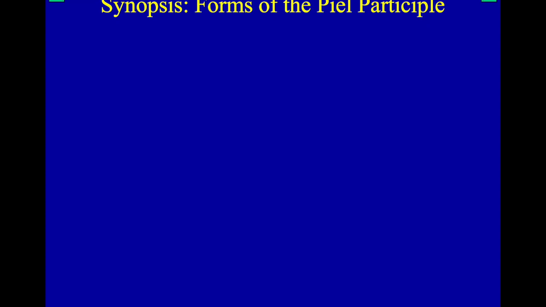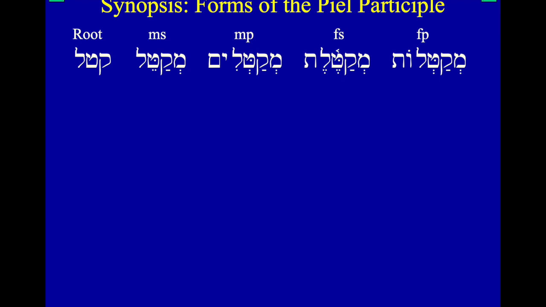Okay, so I'll just show you, the Piel participle can show up in strong forms, which we just looked at right there. It can also show up in some weak forms. So here's our little paradigm. For our root katal, just like we use our paradigmatic root katal a lot, you can see it's a strong root, that's why we use that. Instead of kotel as our masculine singular participle for the Qal active participle, here we have mekatel.